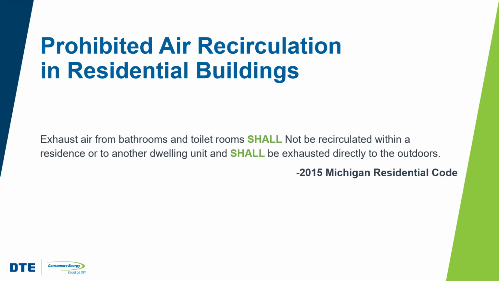For single family homes, the code just simply says exhaust from bathrooms and toilet rooms shall not be recirculated, right? They can't be recirculated in one house, and they can't be taken out of that house and then used in another dwelling unit either, right? They have to be just exhausted directly outdoors.